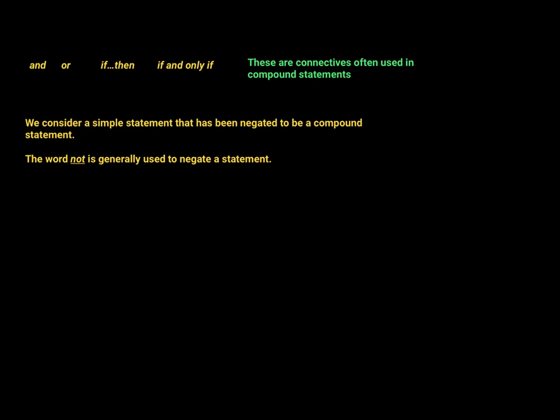Now, as far as symbols are concerned, if P represents a simple statement, then not P would be written like this, with this symbol right in front of it. Okay, so this symbol here is used to negate a statement. It is interpreted as the negation of P or not P. Now generally speaking, we use the letters P, Q, and R to represent statements.